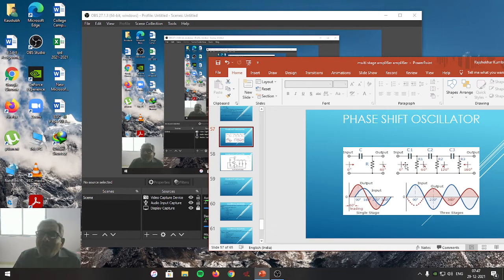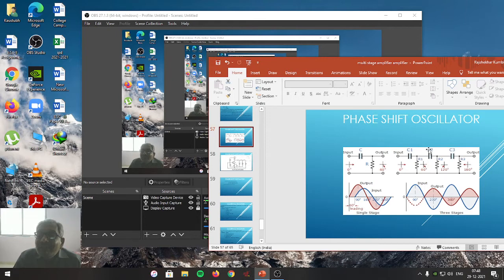Routinely, the input provided to the tank circuit charges the capacitor. When the input falls down, the capacitor discharges from maximum to minimum across this particular resistance R. This will act as an input for the second circuit, which will again charge capacitor C2.